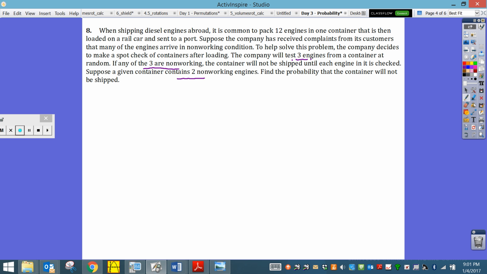Well, there's 2 things to do. We could say that our sample, okay, out of those 2 non-working, 1 of them is going to get picked in my sample. Okay, as long as 1 of them is going to get picked, then we're not getting shipped. Any of the 3 that are picked won't be shipped. Okay, so that means that the other two, okay, the other two chosen at random are not going to be picked.